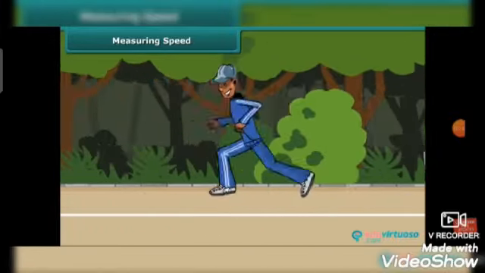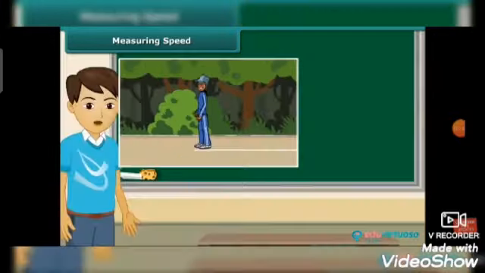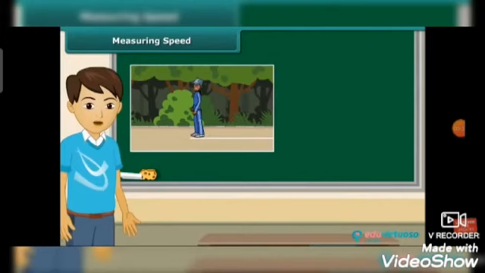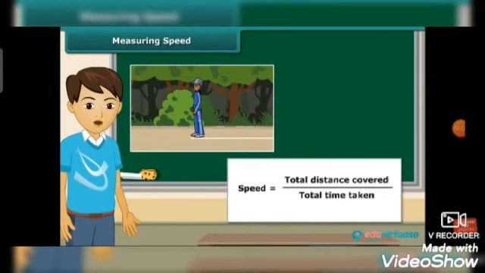Now, divide the distance covered by the total time he took. Now, you have the running speed of your friend. So, what should be the formula? Again, speed is equal to the total distance covered by the object divided by the total time taken by that object.